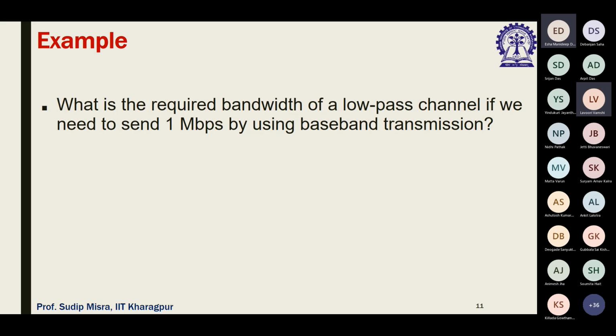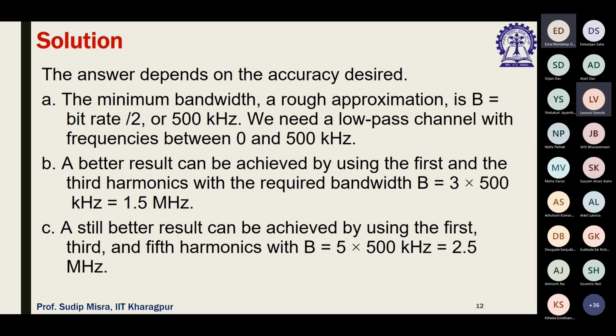So now look at the answer, right? The minimum bandwidth through the rough approximation is B equal to n by 2, where n is the bit rate. So if the bit rate is 1 Mbps, this is going to give you 500 kilohertz as the answer.